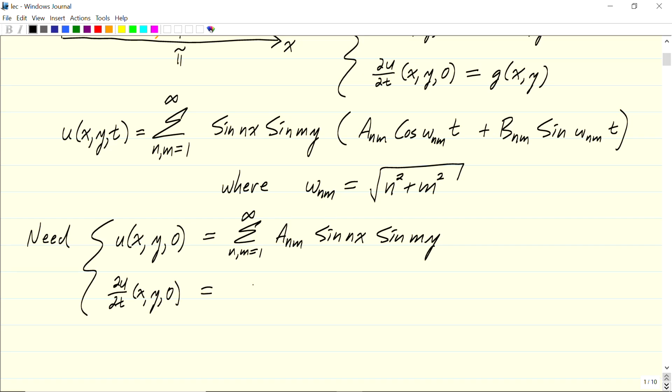And that's going to be a sum as n,m goes from 1 to infinity. When I differentiate that sine omega_nm t, omega_nm comes out, and it becomes a cosine. And a cosine, of course, at 0 is 1. And the cosine term, when I differentiate, becomes sine, which is 0. So, when you think about it, I get omega_nm b_nm.